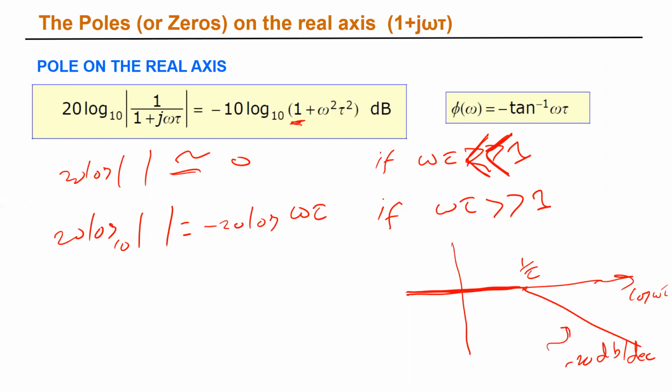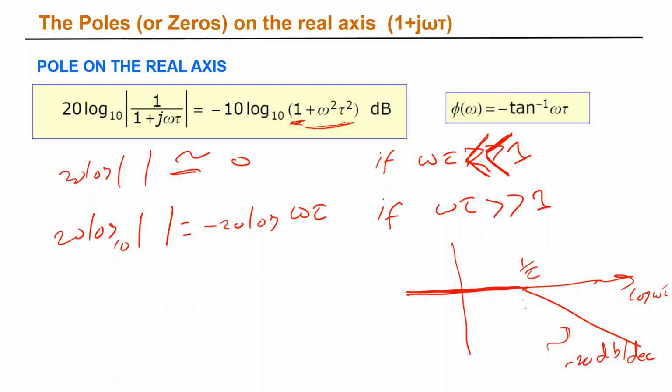Of course, I can get the exact value at omega equal to 1 over tau from here. What will be the exact value at omega equal 1 over tau? If omega equal 1 over tau, it is log root 2. Exact value, yes, exactly. That's what I'm saying, I need the exact value.